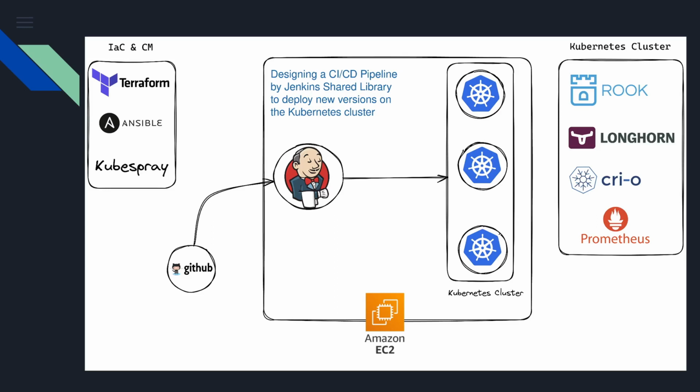Furthermore, I will install Prometheus and Grafana as a monitoring solution, and probably I will attempt to change the container runtime in the Kubernetes cluster and look into other container solutions like CRI-O or Containerd.